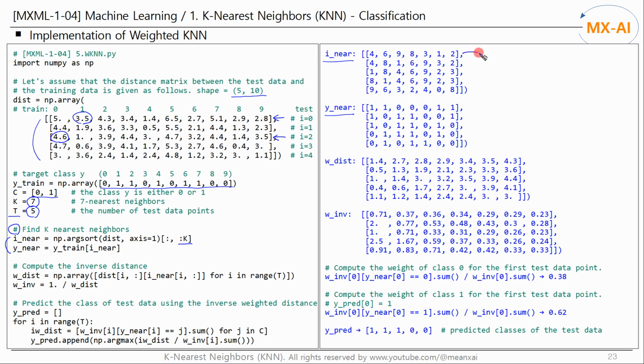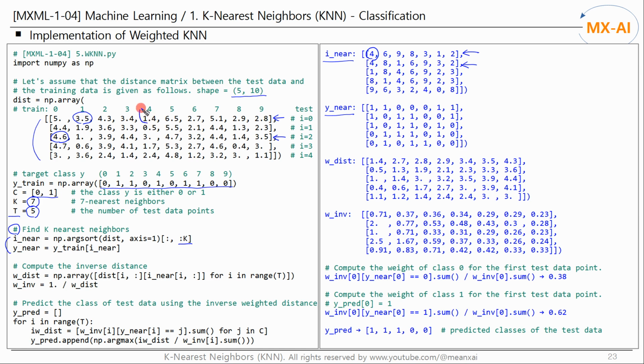The first row contains the indices of the 7 training data points closest to the first test data point. And the second row contains the indices of the 7 training data points closest to the second test data point. The first element indicates that training data point 4 is closest to the first test data point.